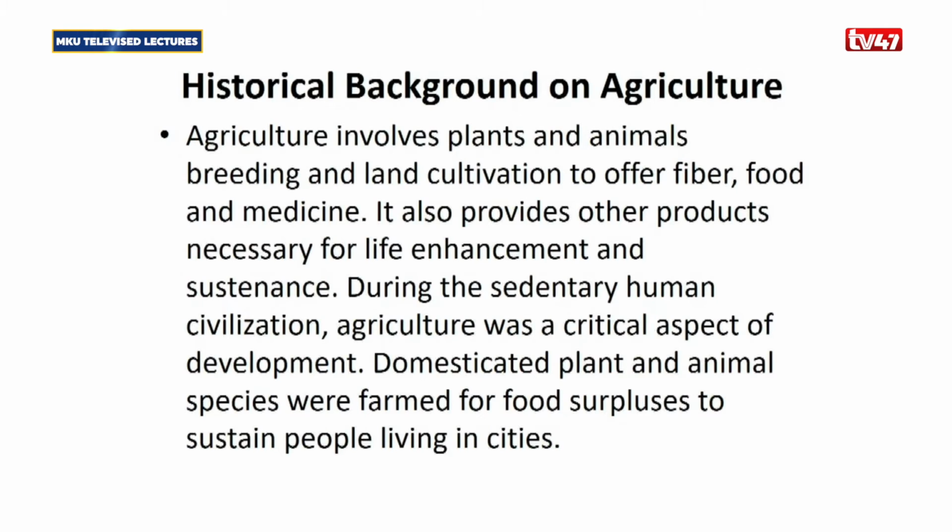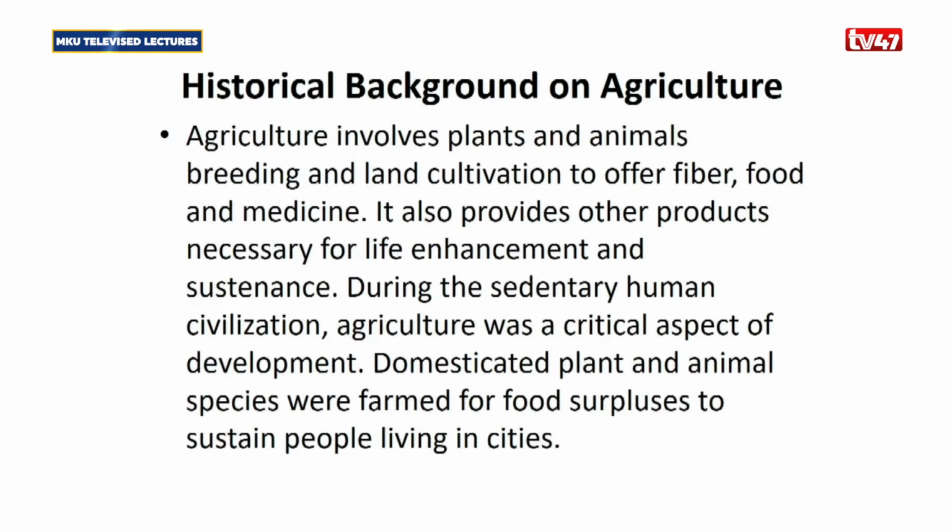Now let's look at a brief historical background on agriculture. Agriculture involves plants and animals breeding and land cultivation to offer fiber, food, and medicine. Without agriculture, the human being would not have developed to the extent that they have developed.